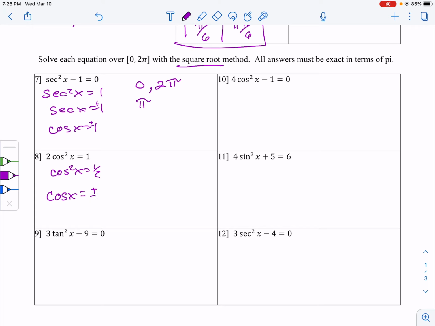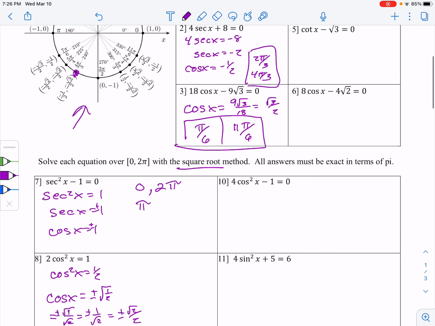Here you have plus or minus the square root of 1 over 2, which is the same as the square root of 1 over the square root of 2, which is plus or minus 1 over root 2, which is plus or minus root 2 over 2, which is how we memorized it. Well, that's at all of the pi over 4s, up here.